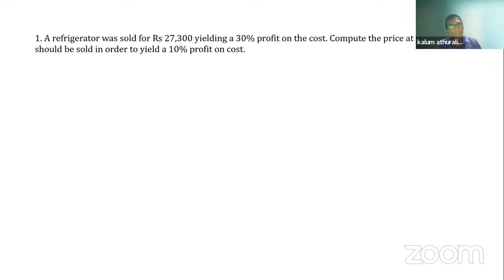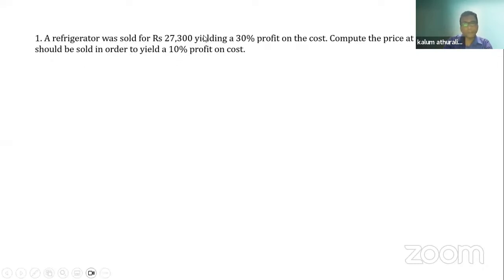A refrigerator was sold for 27,300, yielding a 30% profit on the cost. Compute the price at which it should be sold in order to yield a 10% profit on cost.